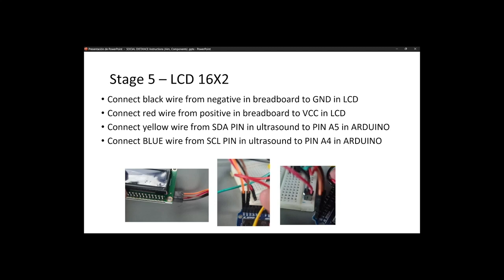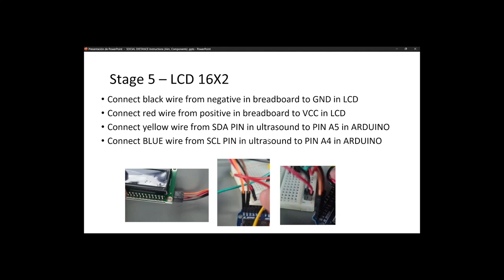The red goes to the positive in the breadboard, and I use the SDA connected with the A5. You see the orange wire, and the brown one that is the SCL, that is like the clock, is going to the A4 analog ports.